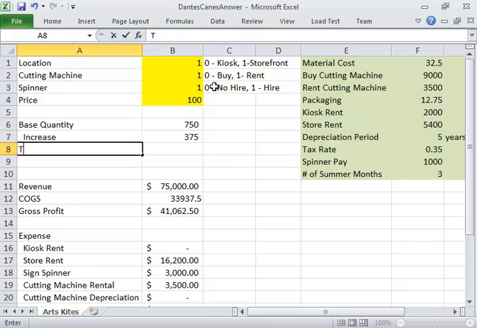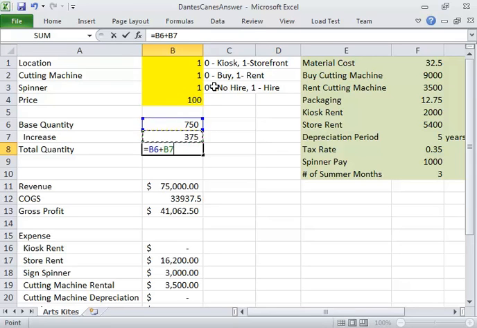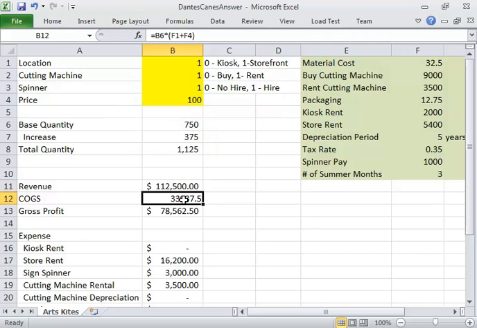And so the total quantity is equal to my base quantity plus the increase I get from having the sign spinner. So my number is the same. I just need to make sure that my equation refers to the total quantity instead of the base quantity. And the same thing for my references for my cost of goods sold.